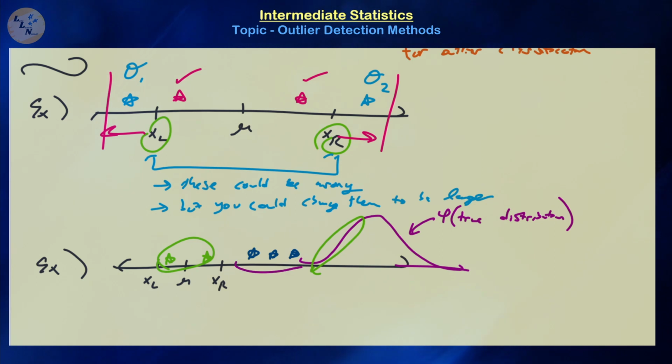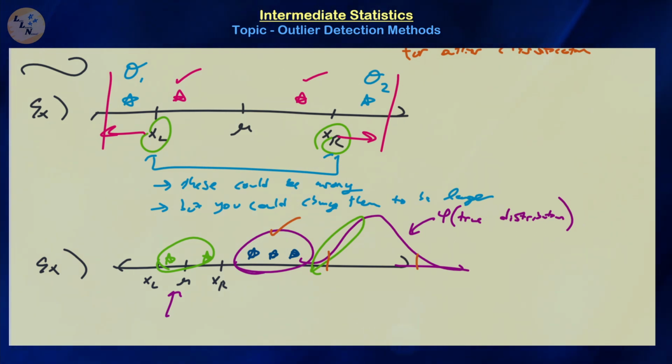Then comes this next category. These are going to be outliers with respect to our distribution and possibly with respect to the actual distribution as well. So these actually are classified as outliers for a good reason, by accident, right? These are going to be classified as not outliers because our assessment of the distribution is actually false.